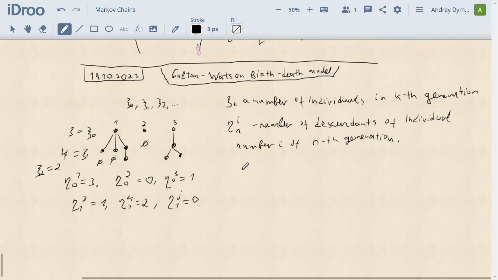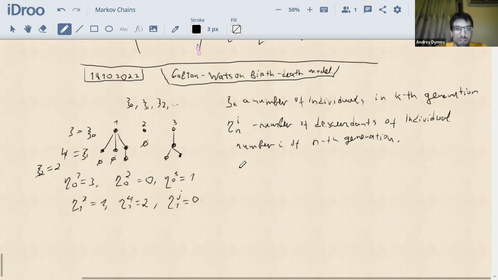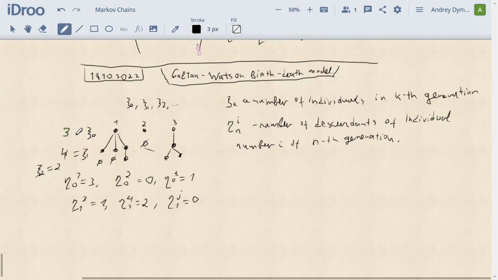Sorry, can I ask? In the definition of eta, the subscript is the number of the generation. Why do we have eta 0? Yes, because I start with the zeroth generation, and then in the first generation there will be 3 descendants of individual 1, according to this notation.